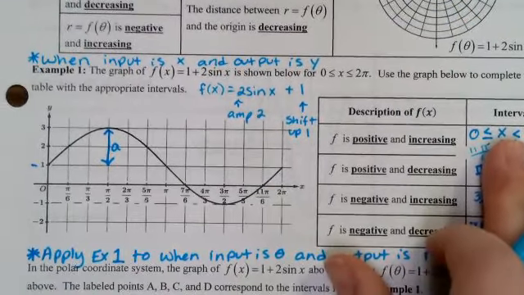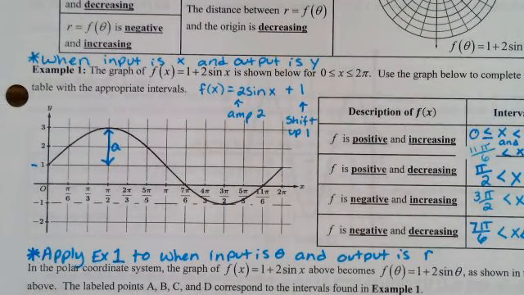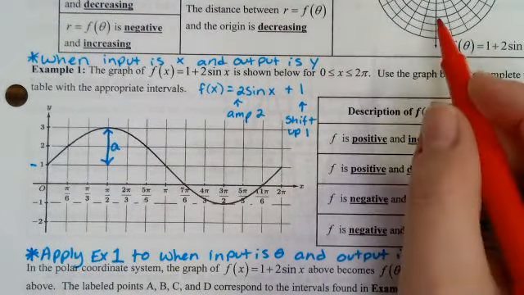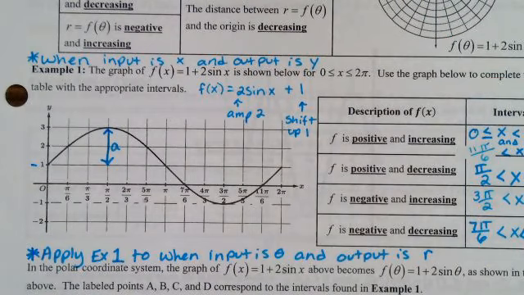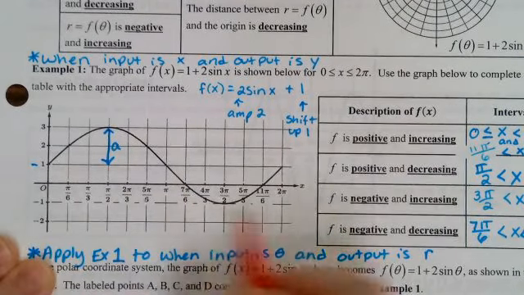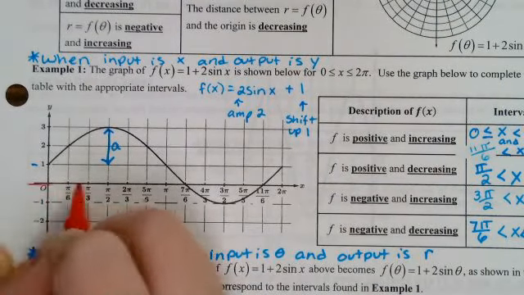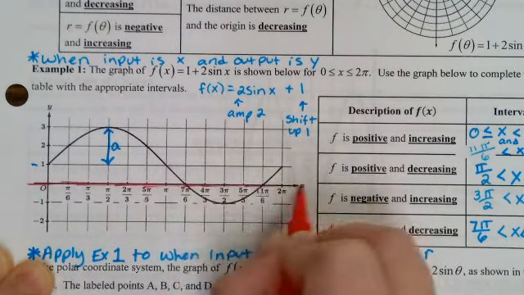Now, if you watch the Desmos video, you might already start being able to make some of these correlations. But when we are comparing the polar graph in the distance from the origin to a rectangular graph, the origin is kind of represented with the x-axis here.